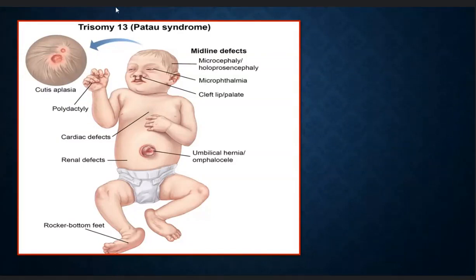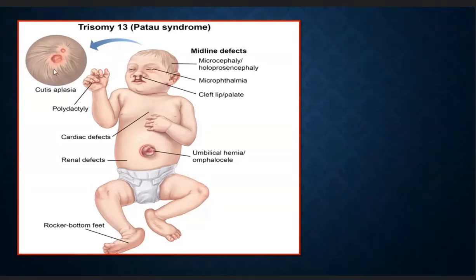If we go to the eyes, we have microphthalmia and hypotelorism, decreased distance between the eyes. The face may be like this. So the patient may have microphthalmia, hypotelorism, and cleft lip and palate, which is the milder form of disease. But in severe disease, the morphology of those patients will differ.